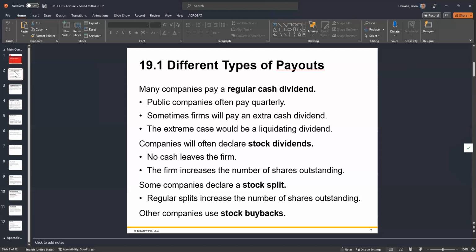A stock dividend and stock split are very similar, with some difference in the way they're accounted for. And then you have stock buybacks, where the company repurchases stocks, so the shares outstanding will become lower. Typically, if the firm has the same value or higher, that means that each share will increase in price.